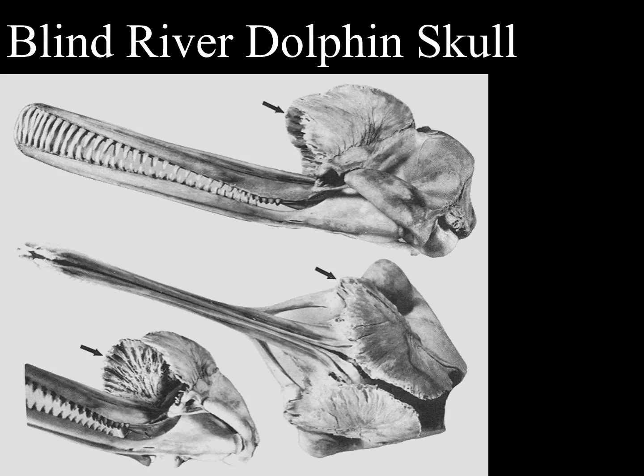If you're in a big muddy river, yeah, your vision is probably not really doing you any good at all. And so these animals could already echolocate, but now there's no selection pressure keeping the eyes working, and so the eyes basically wind up not working after a long enough time. Now, what blind river dolphins are able to do, and in fact, a lot of cetaceans can do this.